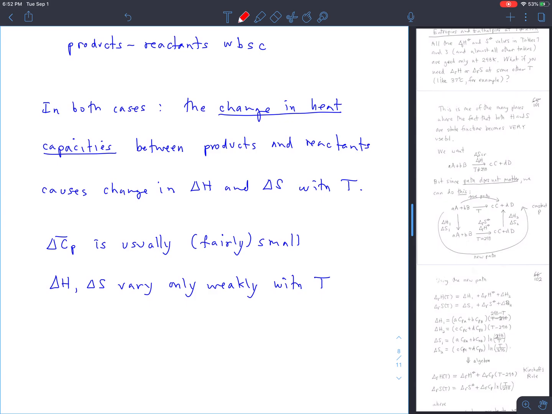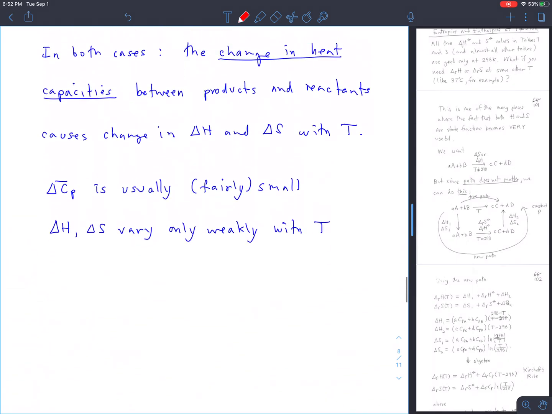Just a couple more comments before we do an example down here. First of all, this quantity delta Cp, the heat capacity change, is the change in the heat capacity for the products minus the heat capacity for the reactants, and it's usually a fairly small quantity. The reason is that you aren't changing the number of atoms in the system.